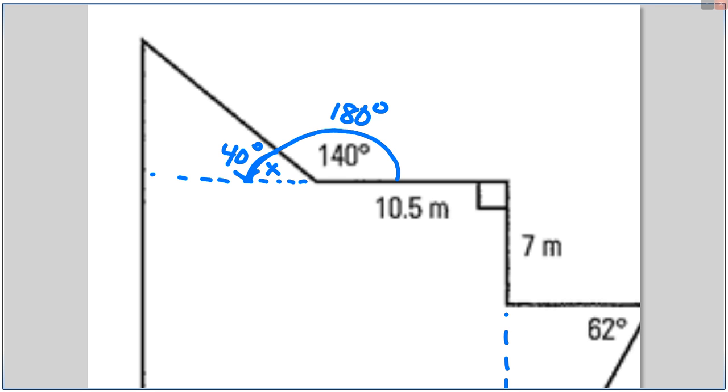What happens when they do 180? Half turn. That's exactly what a straight line does. Start over here, go over there, half turn. Do the other half, are you back to where you started? That's 360. So half the turn, straight line is 180. So you got a portion of it's 140, so the rest of that's 40.